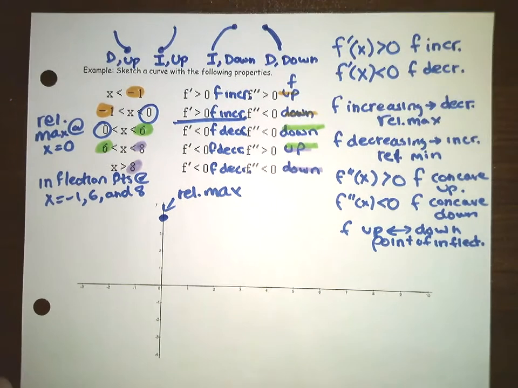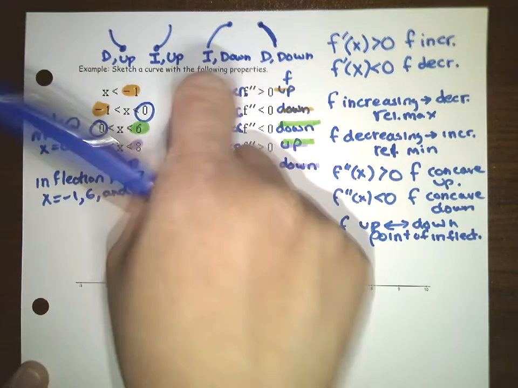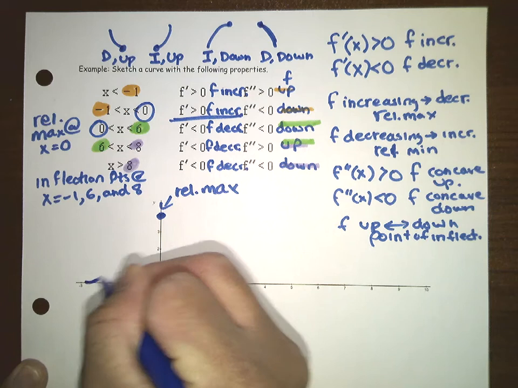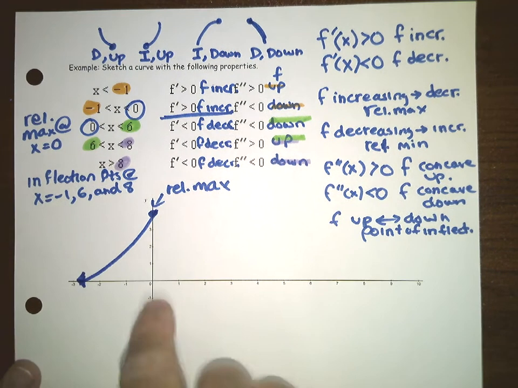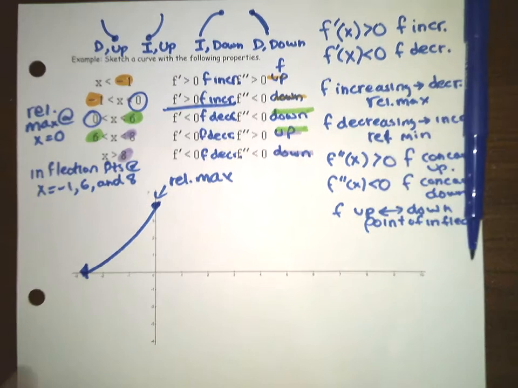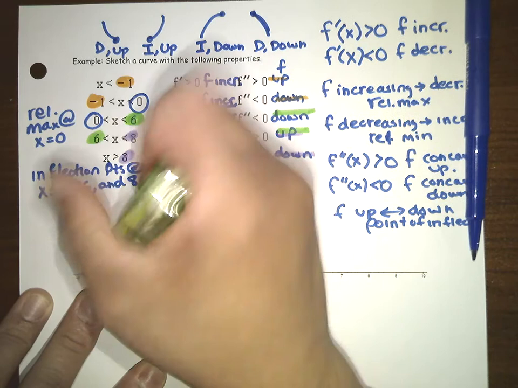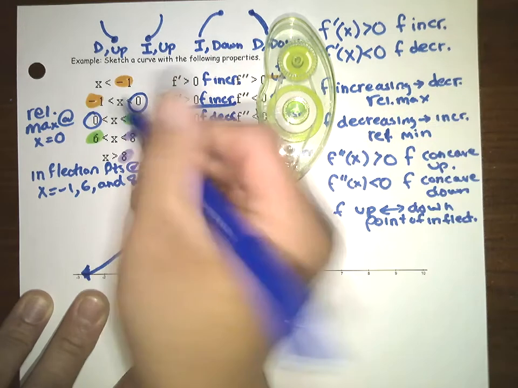Okay. So now I have increasing and concave up. So I want something that looks like this general shape. So I'll make it look like this. Then from less than -1, I told you, increasing and concave up.